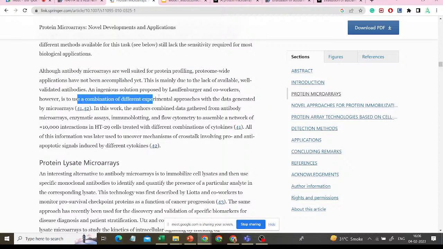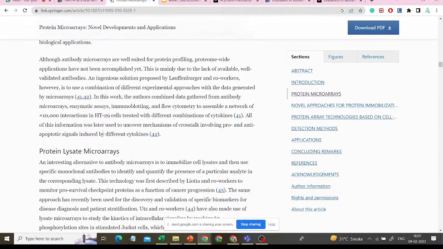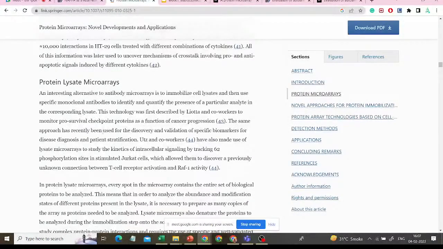A combination of data generated in this work with data from antibody and enzymatic flow cytometry was used to assemble a network of 10,000 interactions. Just imagine how many interactions there could be with different combinations of cytokines, how much they affect each other, and their regulation between pro- and anti-apoptotic signals by different cytokines.